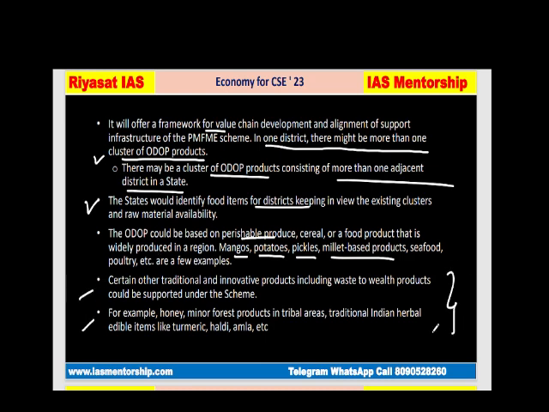All other examples have been written here. You can go through it. Basically, just understand what the ODOP product is. And these two points are very important: एक डिस्ट्रिक्ट में भैया एक से ज्यादा प्रोडक्ट भी हो सकते हैं और वो जो प्रोडक्ट है वो एक या दूसरे डिस्ट्रिक्ट या एडजेसेंट डिस्ट्रिक्ट में भी प्रेजेंट हो सकता है.